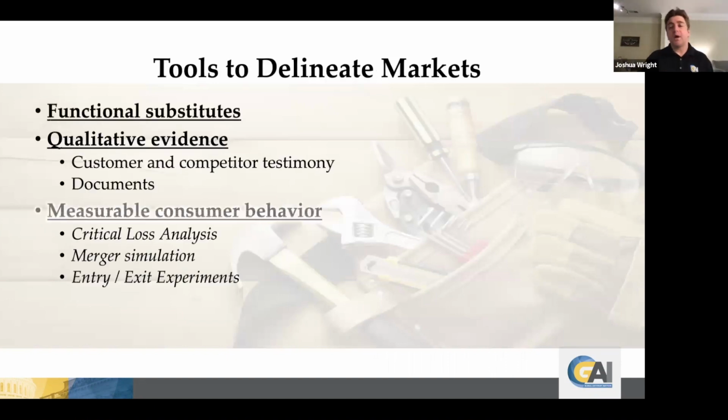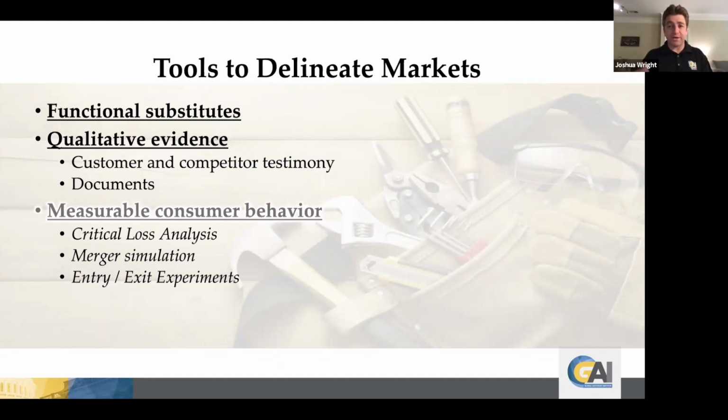Okay. So let's shift towards a different tool in the toolkit to talk about market definition. Right? And there are more than what we're going to go over today in terms of primers. You'll see a couple of things talked about in the cases. Sometimes we'll do the handy functional substitute test. You'll see courts often citing language from Brown Shoe, a case from the 60s, saying one of the ways that I identify whether products are close enough substitutes to be in the same market is I look at them.